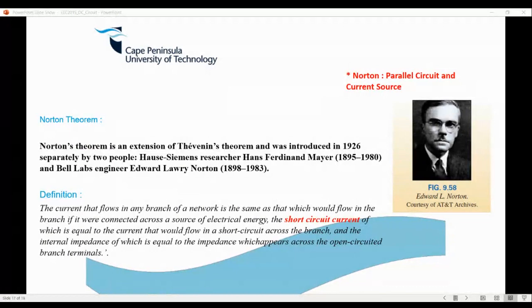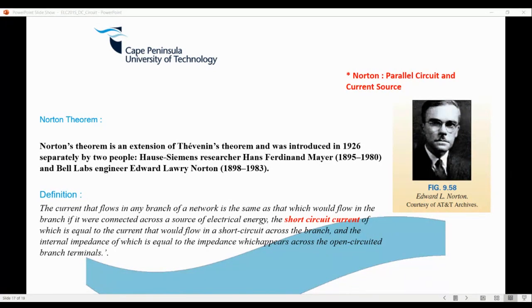So yes, guys, next approach is Norton. And with Norton, it's exactly the same as Thevenin, or not exactly, it's an extension rather, as they say here. Where is Norton from? I'm not too sure. But apparently it was developed by Edward Lawry Norton.